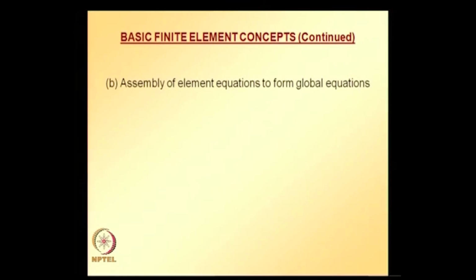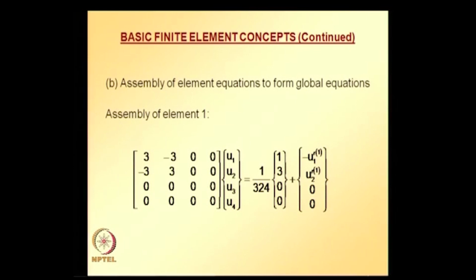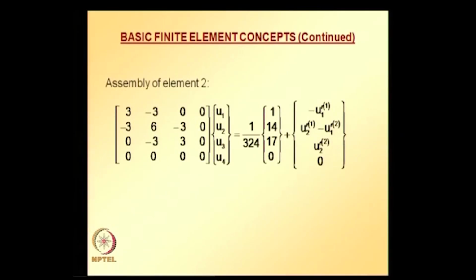This is similar to what we have seen for the variational method or Rayleigh method. The first element contribution goes into the 1 and 2 rows and columns of the global equation system. The second element contribution goes into the 2 and 3 rows and columns.